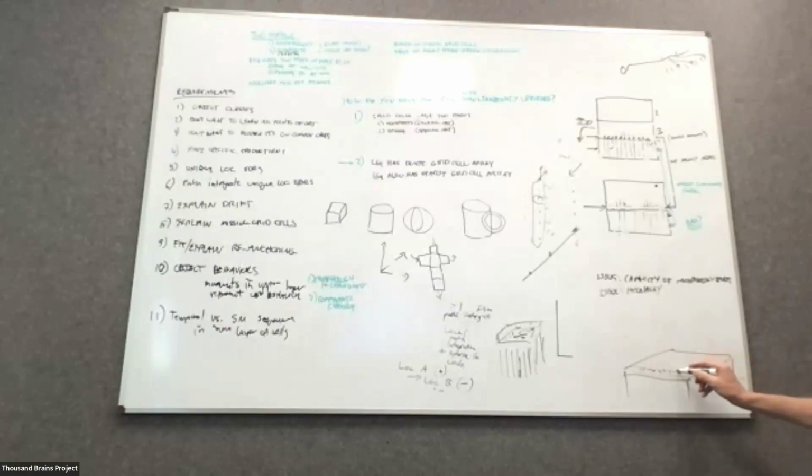If you go in the other direction, like this, the mini columns all have the same orientation.